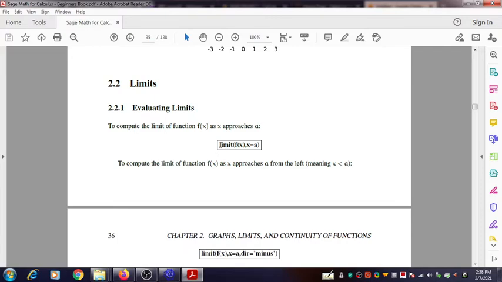After typing limit, you have to type the given function inside a bracket, and then put a comma. After that, you can specify the point at which the limit is required, that's x equal to a. You can see this is the syntax of the limit function: limit in bracket f of x, comma, the point at which the limit is required.